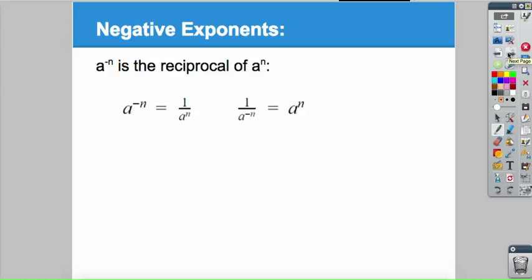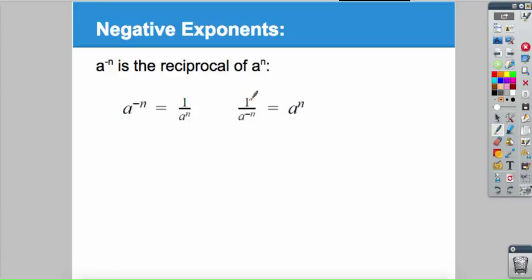So the negative exponent definition or rule is that it's the reciprocal of a to the n. Now, if you think back to reciprocals and fractions, reciprocal means that we put it in the opposite location. So a to the negative n is going to become 1 over a to the positive n power.